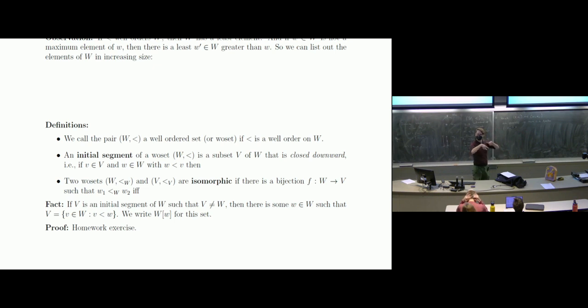By the inverse. There's a bijection W to V such that W is less than W prime in the W relation if and only if their values are less than one another under the V relation.